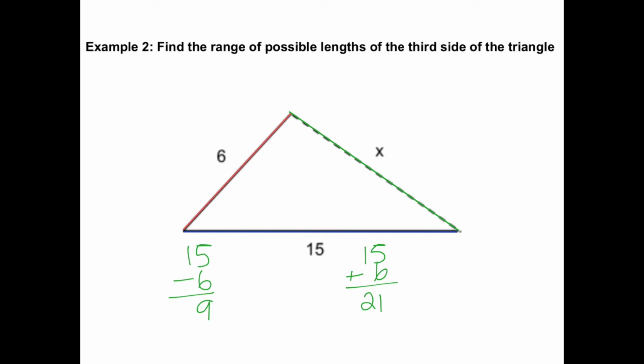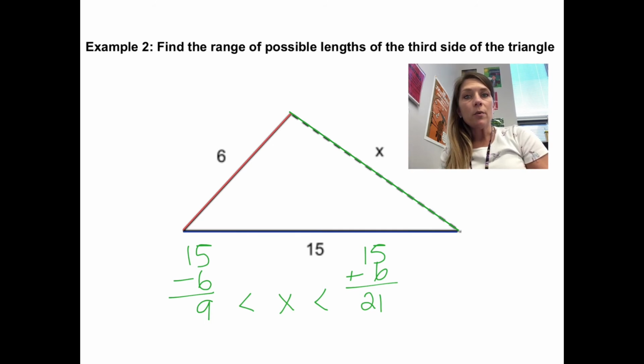These have to be inequalities. There's nothing equal about it. My x value, the length, is going to be greater than 9 so that it does actually touch when you lift those sides together. But it also has to be less than 21 so that the two sides that we do know are going to be able to touch when we lift it off the green side.